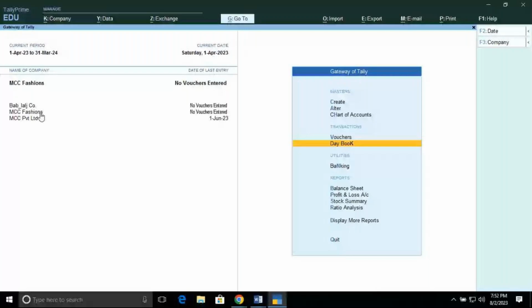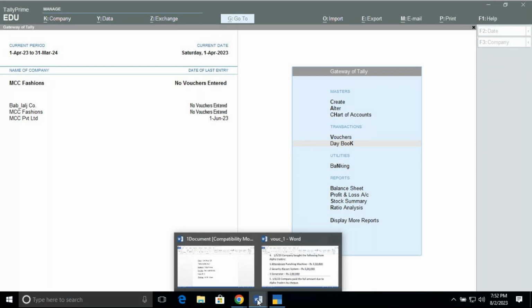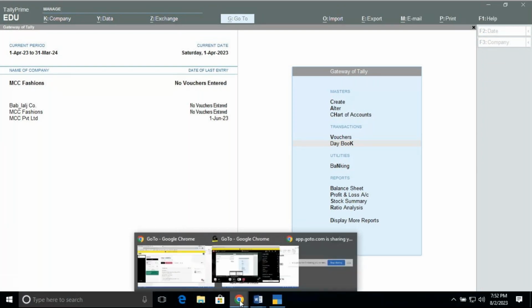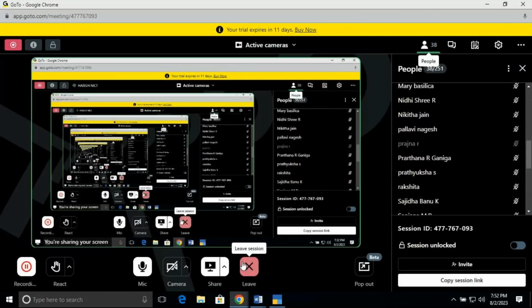Company purchased the following from brand factory. I'll repeat it. Company purchased the following from brand factory. Colon dash. Now you write next line.